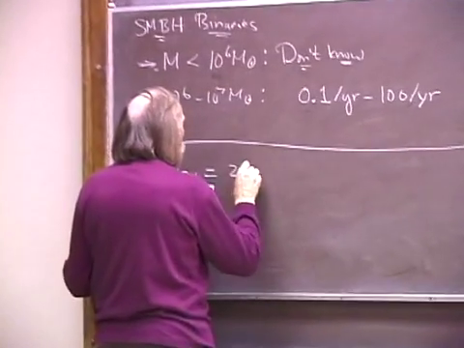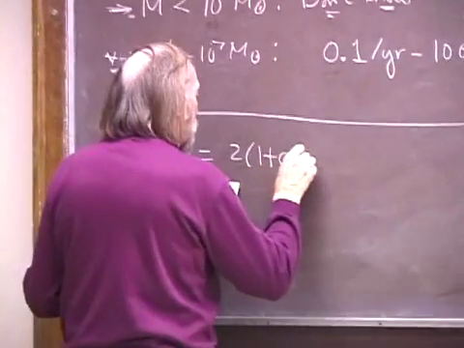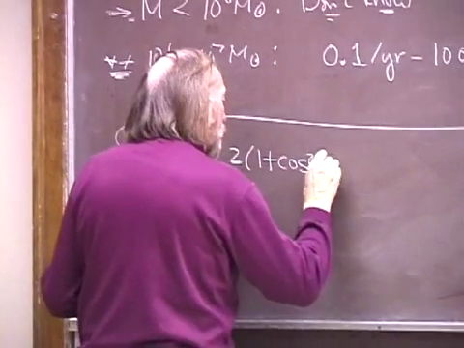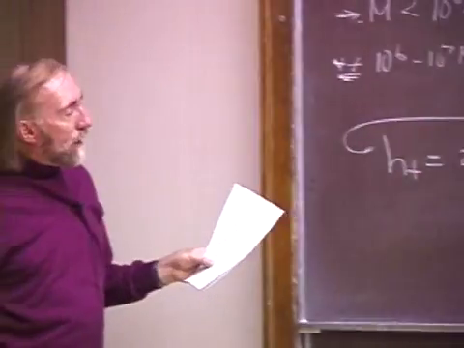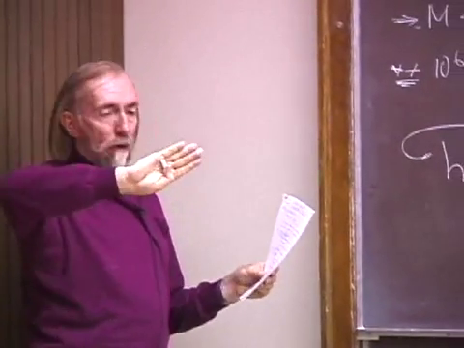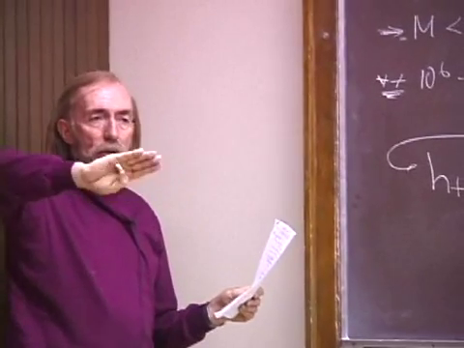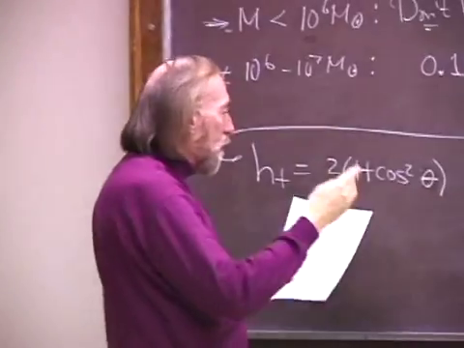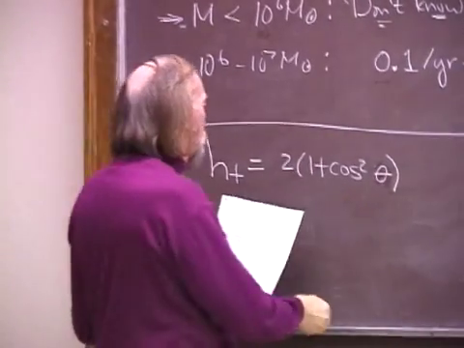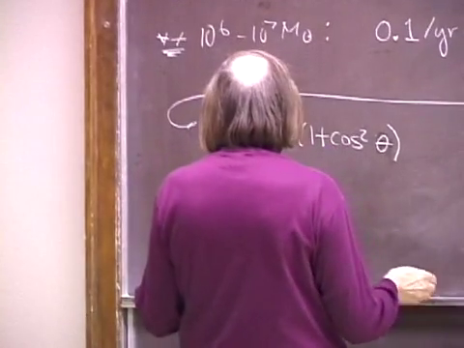It looks like 2 times 1 plus cosine squared iota, or maybe we called that theta earlier, where theta is the inclination angle to the line of sight. So if you see it face on, theta is 0. If you see the binary edge on, theta is pi over 2. So you get the strongest waves if you see them face on.